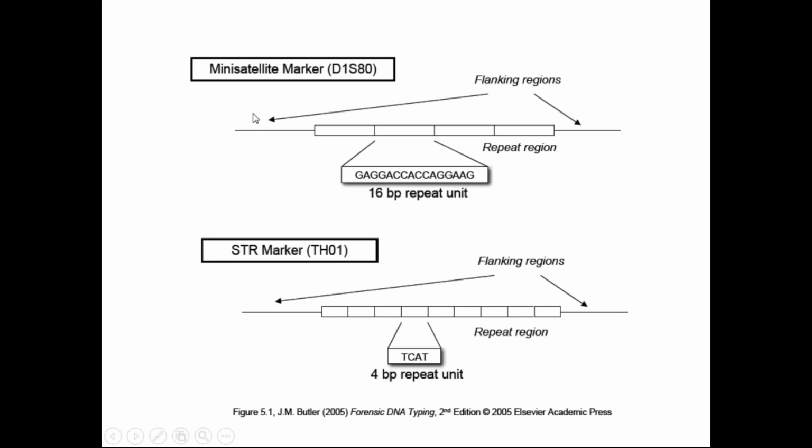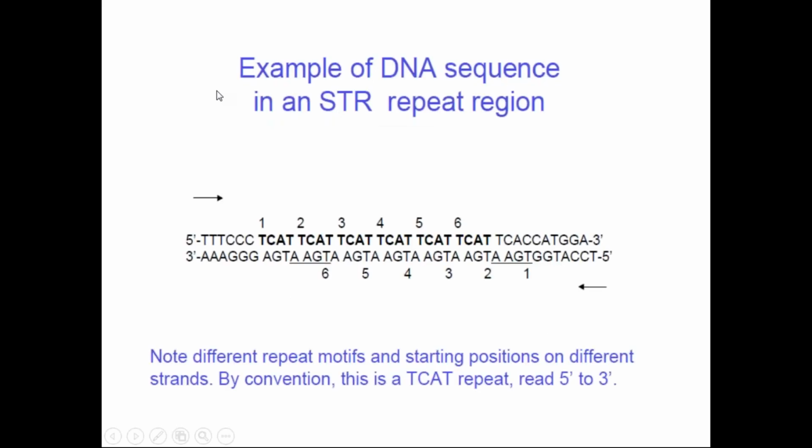So it is clear what an STR is and what a minisatellite marker is. An STR is nothing but a very short repetitive sequence present in the genomic DNA, of 4 to 5 or 2 base pairs, and the larger repetitive sequence is known as minisatellite DNA.